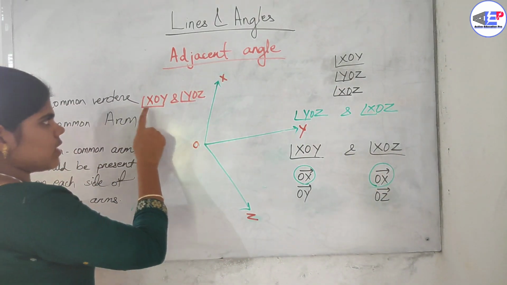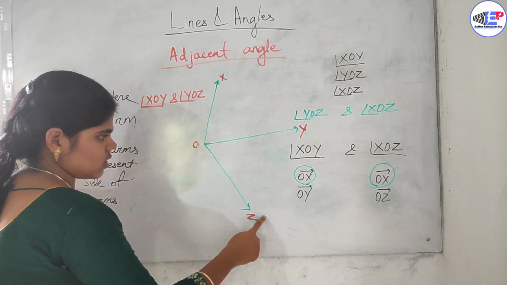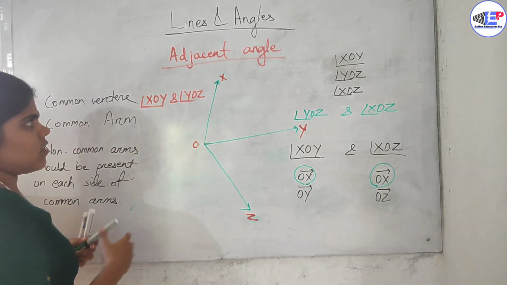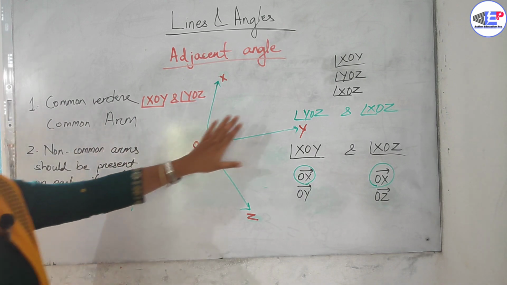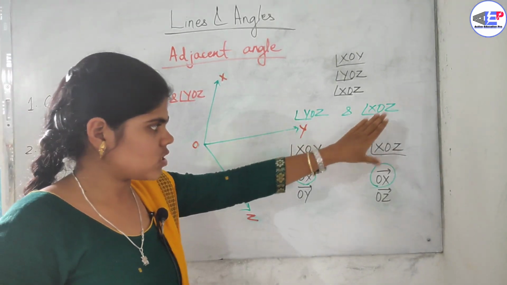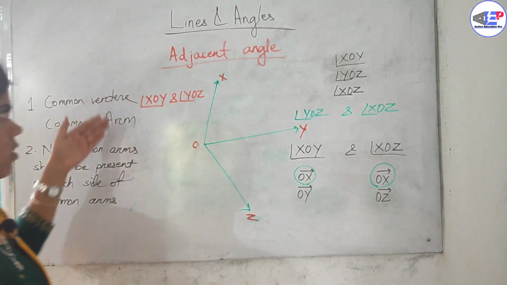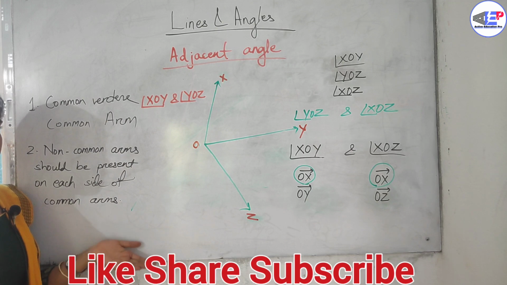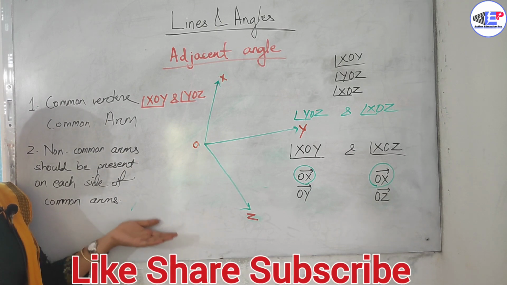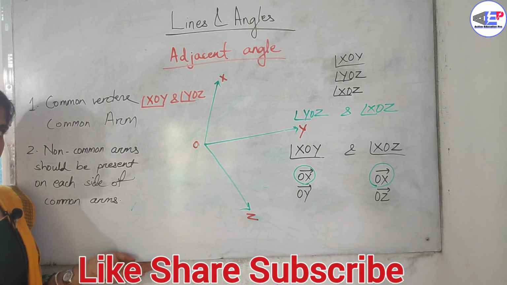So only XOY and YOZ satisfy both conditions to be a pair of adjacent angles. Otherwise, the remaining two pairs, YOZ and XOZ, and XOY and XOZ, are not satisfying these two conditions. So right now you can easily distinguish which of them is a pair of adjacent angles and which are not adjacent angles.